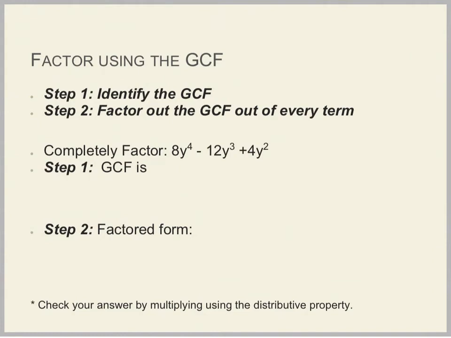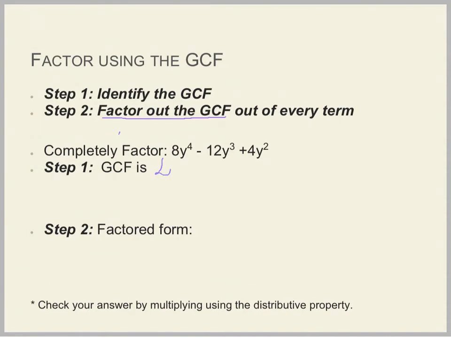So in factoring using the greatest common factor, what we do is first factor out that greatest common factor, and then recognize that what is left is part of the factored form. So 8y to the fourth minus 12y cubed plus 4y squared.